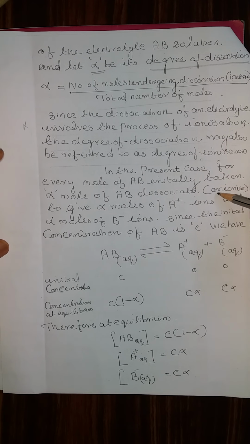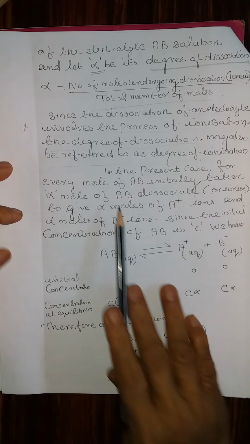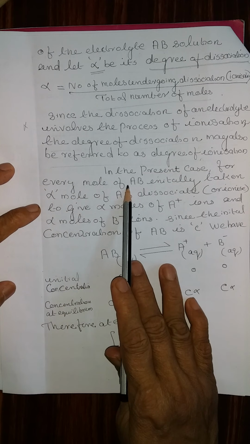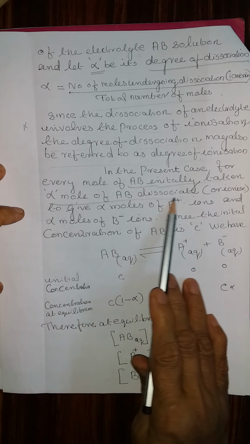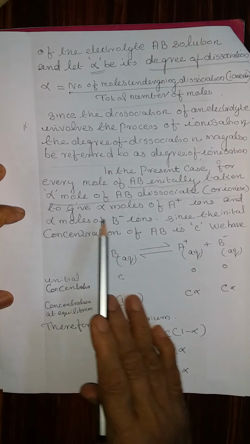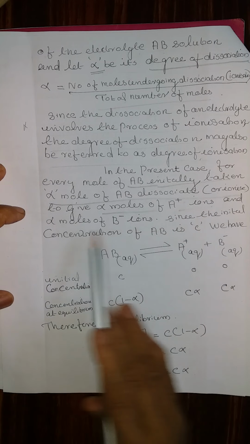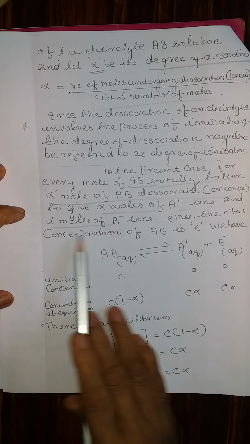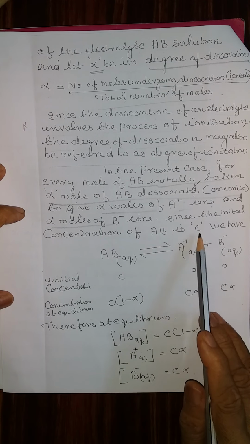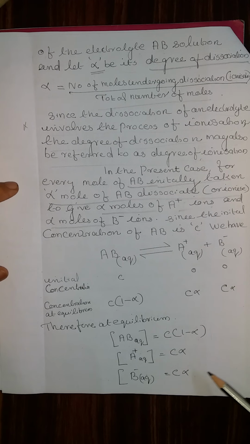In the present case, for every mole of AB initially taken, alpha mole of AB is dissociated to give alpha moles of A plus ions and alpha moles of B minus ions. Since the initial concentration of AB is small c, let us see the derivation.